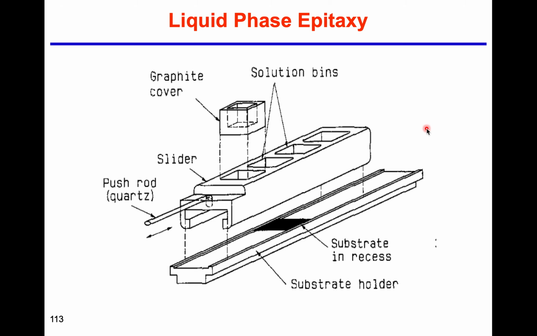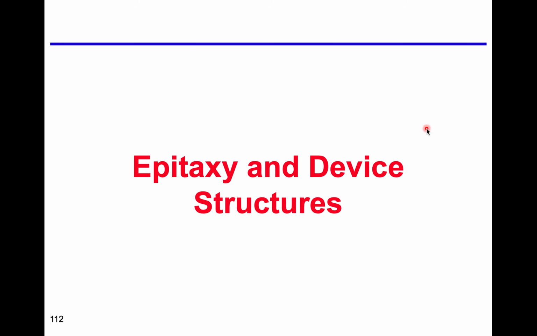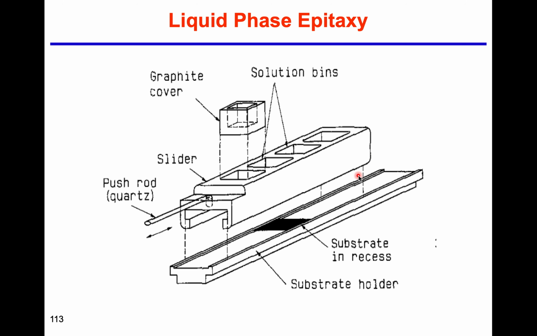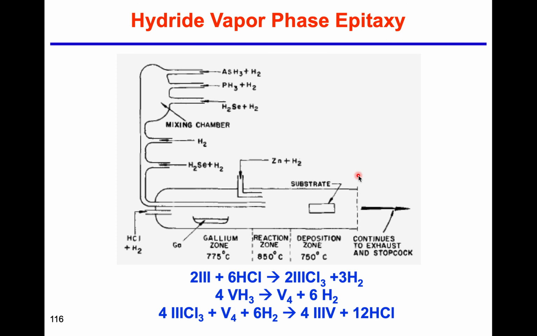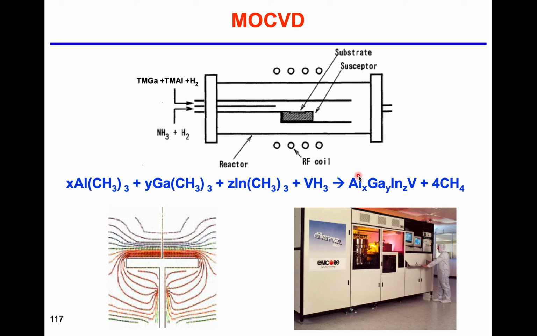Okay, so I will go back to the extraction efficiency later, but first I want to tell you something about the epitaxial growth. That is a very old epitaxial growth method, so I will not talk about that, but I will show you MOCVD, metal organic chemical vapor deposition.